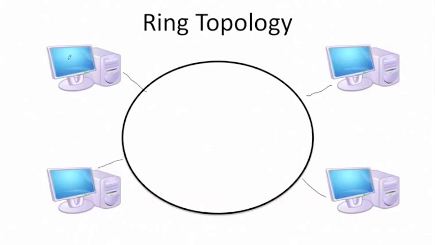If this computer wants to send data to, let's say, this computer, it sends data through this, and then it goes around the ring, and then it goes to this computer where the data is saved, and then it moves along to the other computer where the data finally reaches its destination. So unlike the bus topology, no data is destroyed, but rather it keeps moving around the ring.